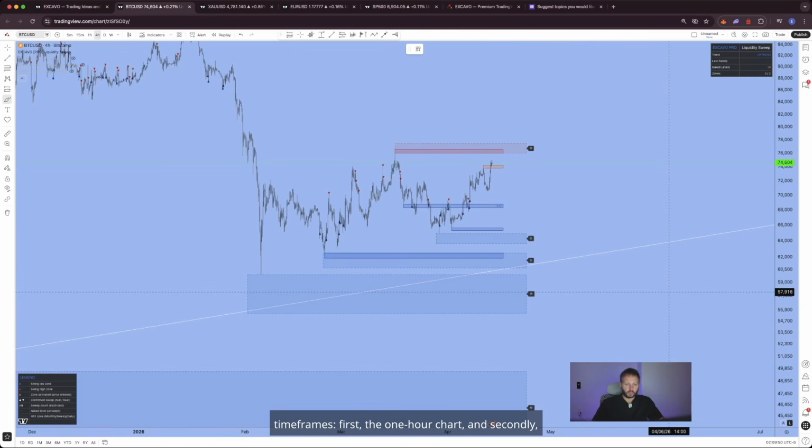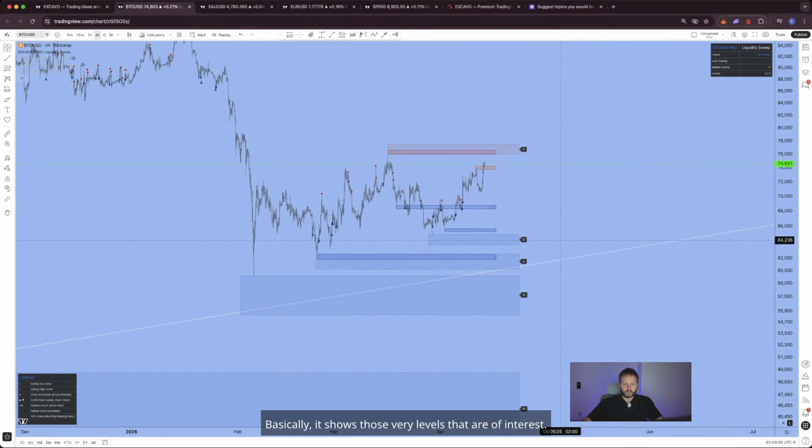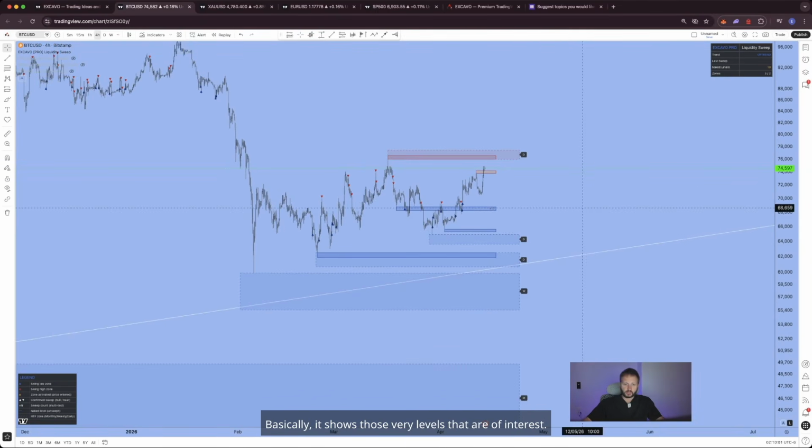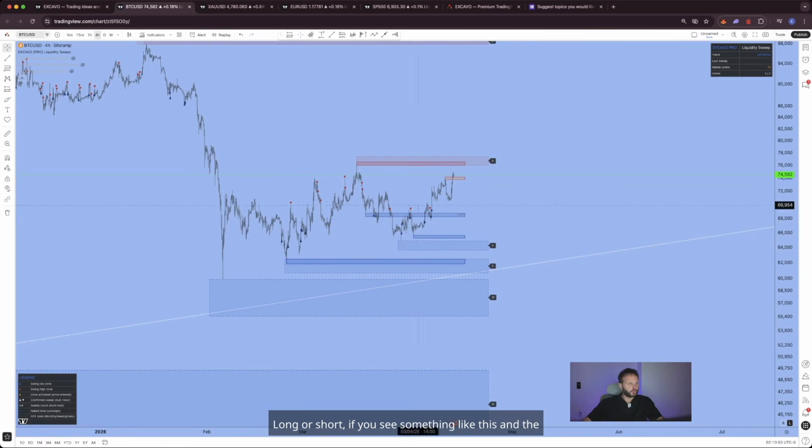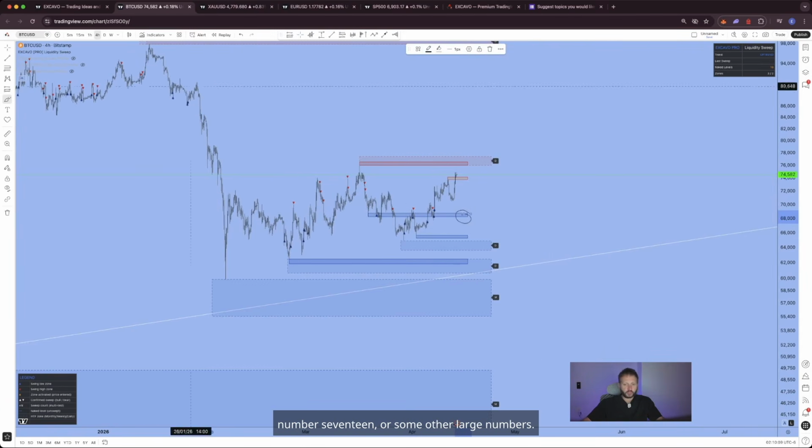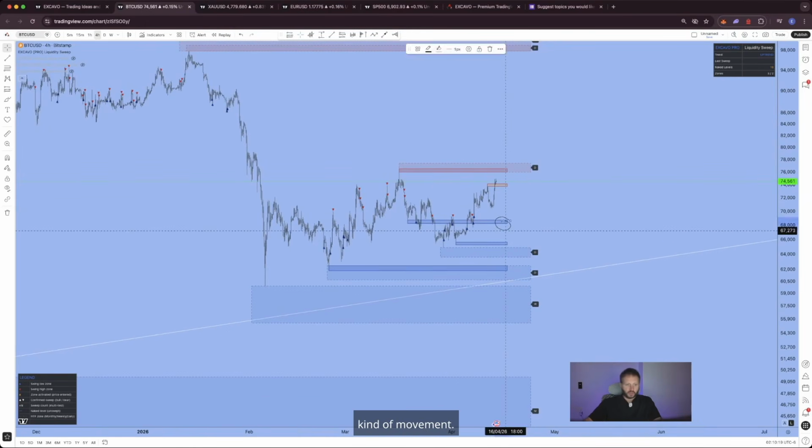First, the 1 hour chart, and secondly, the 4 hour chart. What does it show? It shows those very levels that are of interest. Long or short, if you see something like this and the number 17 or some other large numbers, that means this is a zone of interest. And in response to it, there will generally be some kind of movement.